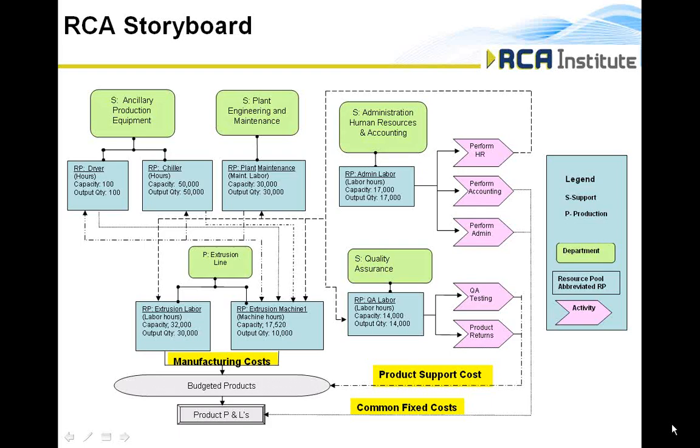You should notice that there are lines between the support resource pools showing they often support each other and lines to the production resource pools. You will also notice some lines apply costs directly to the product level and some common costs are assigned to higher level P&Ls. Note that capacity is indicated in all resource pools. Not shown here, but inherent in RCA logic is that excess capacity would be assigned to higher level P&Ls where it can be managed. I hope you get a sense of an RCA model from this diagram.